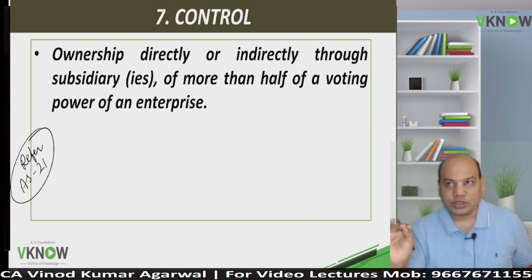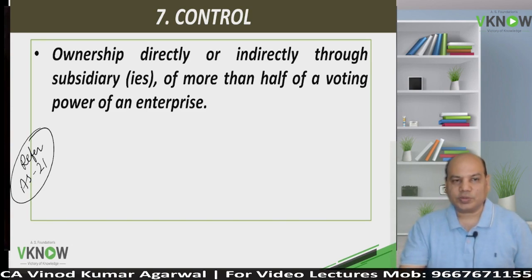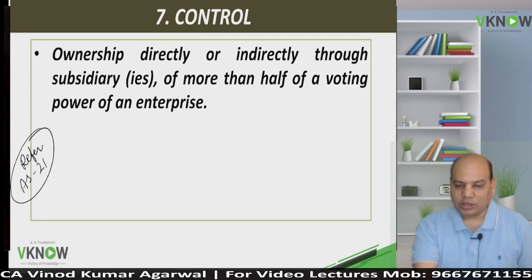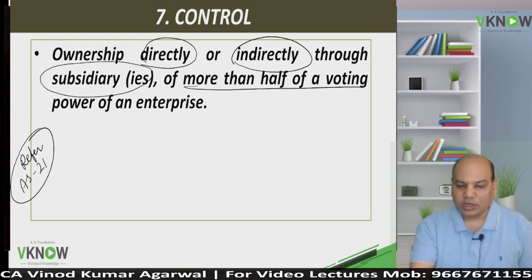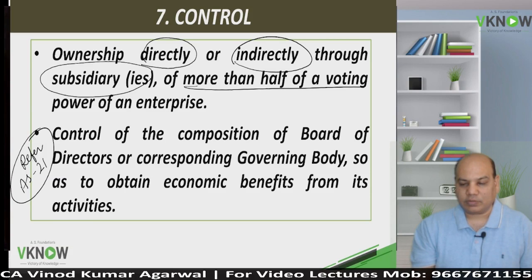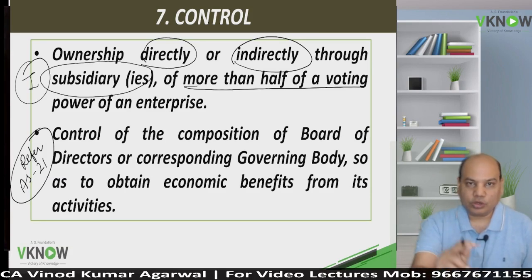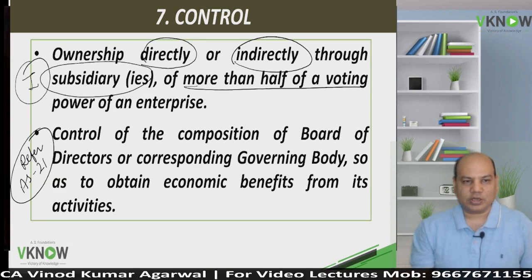Control means ownership directly or indirectly through subsidiaries of more than half of the voting power of an enterprise. Directly, that means yourself. Indirectly means through subsidiaries. That is one way to exercise control when you get more than 50% share in voting power.